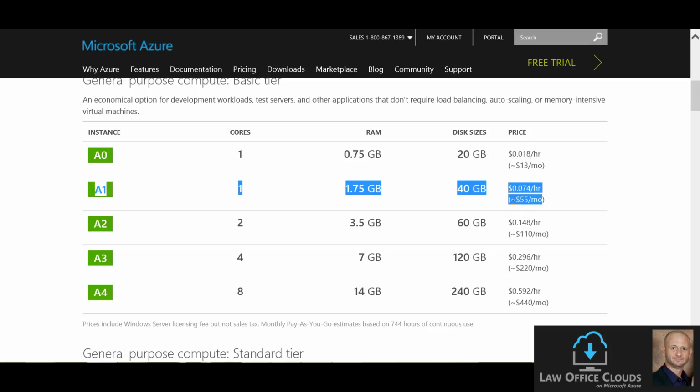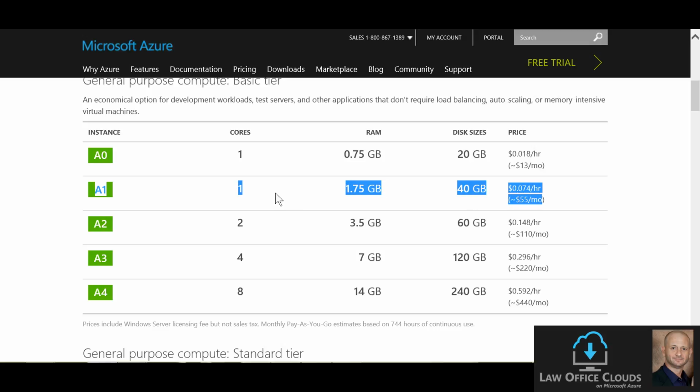If you took that virtual machine and ran it 24 hours a day, 7 days a week, for the full month, it would cost you approximately $55 a month. Now, the thing about pricing for cloud computing in general is that it works a lot like your energy company. If you turn your light switch off, then you're not paying for that particular resource.